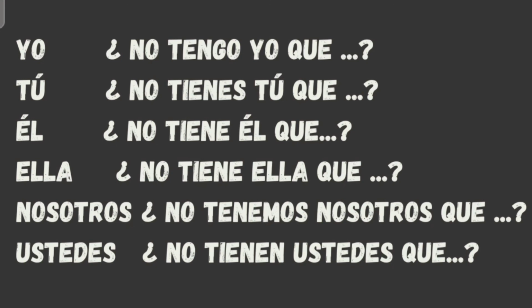In this case, I, yo, in Spanish, and then the word que, have to, no tengo que. Entonces first we have to put the word no, and then the verb have, then personal pronoun, and then the word que. It's equivalent of saying to. Okay? Don't I have to? No tengo yo que.